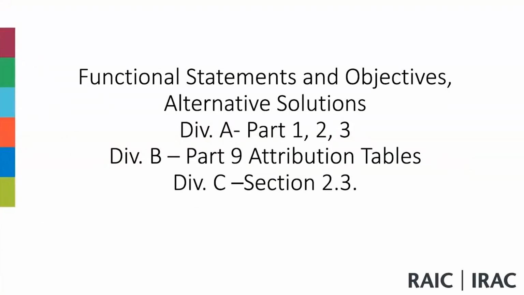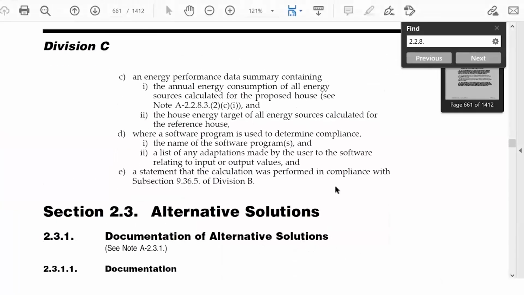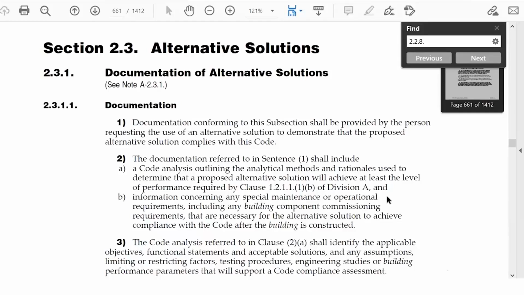Functional statements, alternative solutions, Division A, Part 1, 2, 3, we've done some of that this morning. We can do some of them right now, but I want to lead you to take a look at Section 2.3. Section 2.3 is alternative solutions. So if you want to do alternative solutions, you are permitted to provide alternative solutions by the building code, and this is the documentation required in the NBC.